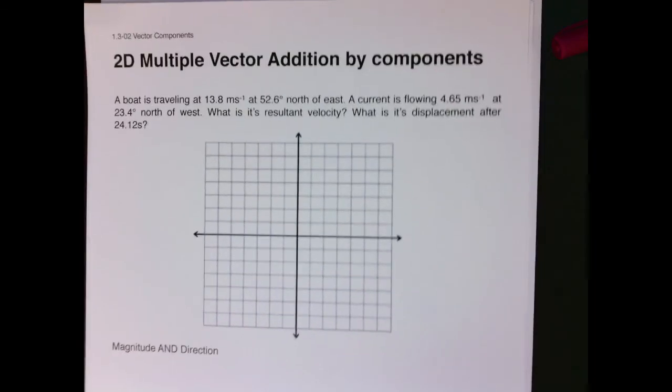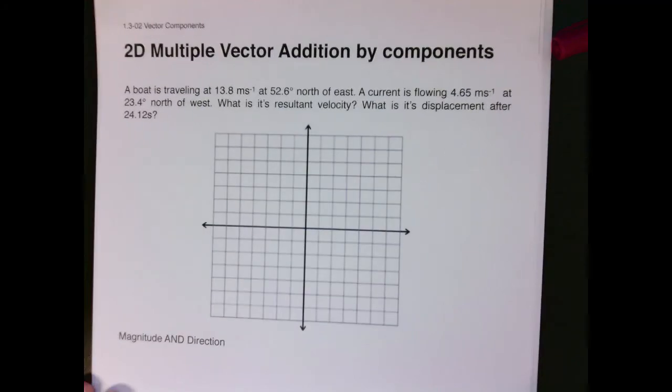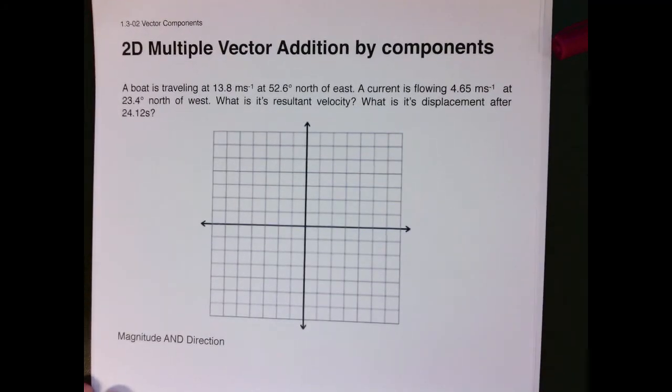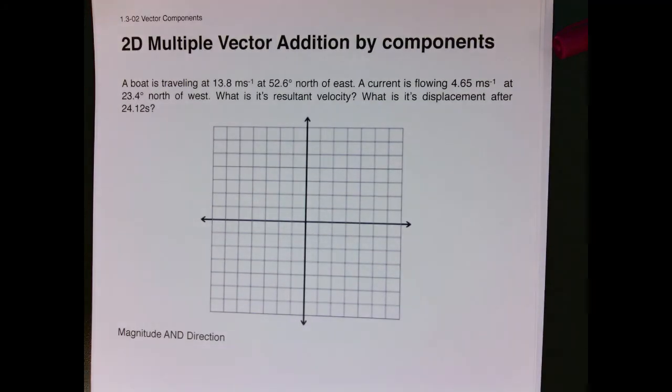The next example we want to consider is when we have multiple vectors and we're adding the components. So now we have our boat that we saw before, 13.8 meters per second, 52.6 north of east, and a current is flowing 4.65 at 23.4 degrees north of west. So let's see what we're dealing with there.